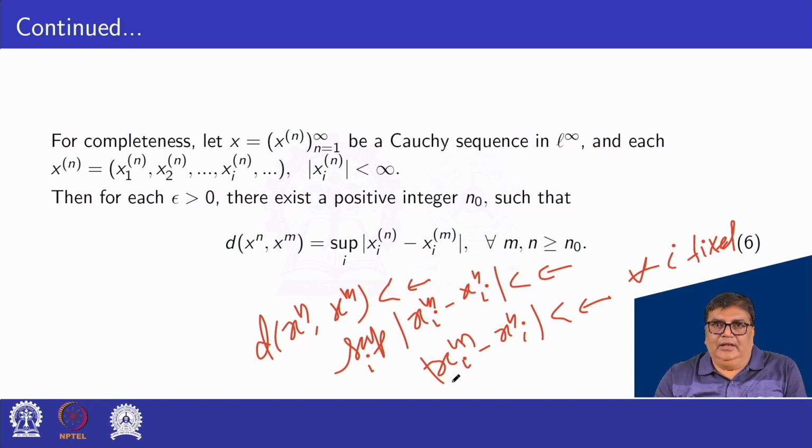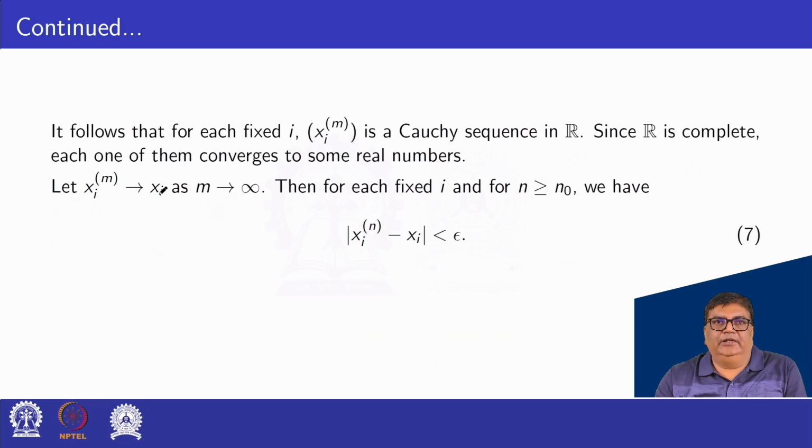Hence the sequence x_mi converges to the point x_i as m tends to infinity. Then for each fixed i and for n greater or equal to n0, we have mod x_ni minus x_i less than epsilon.